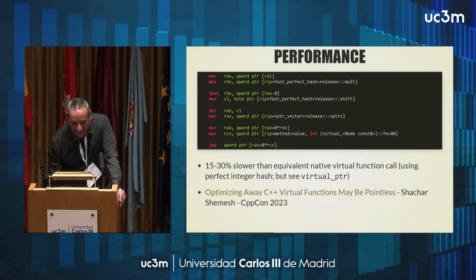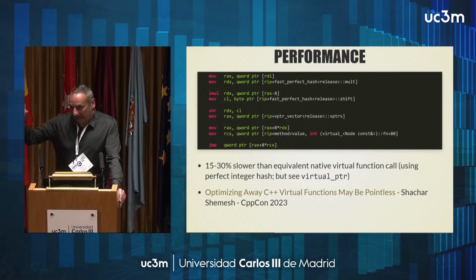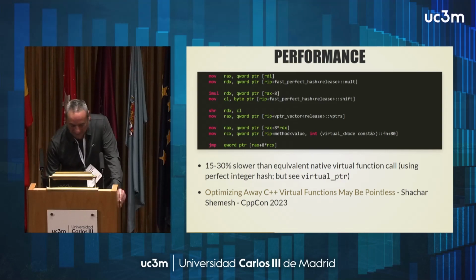And we shift the result of the multiplication, this is a multiplication too, by the set amount of bits. And then we use that as an index into the table of pointers to vtables. We read the entry, so that gives us the vtable for that class.